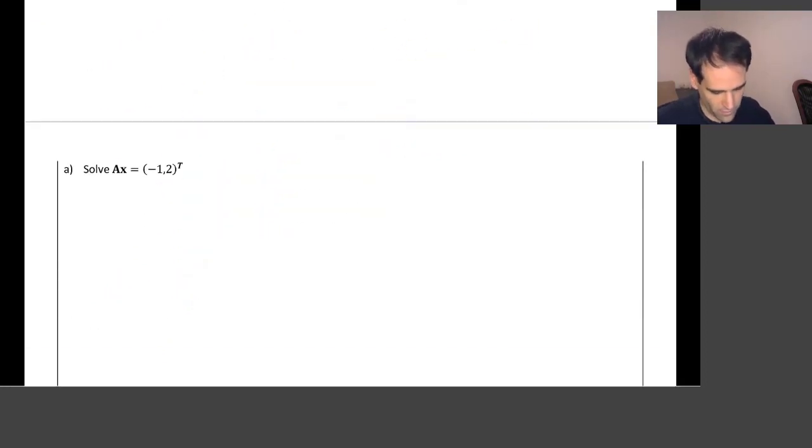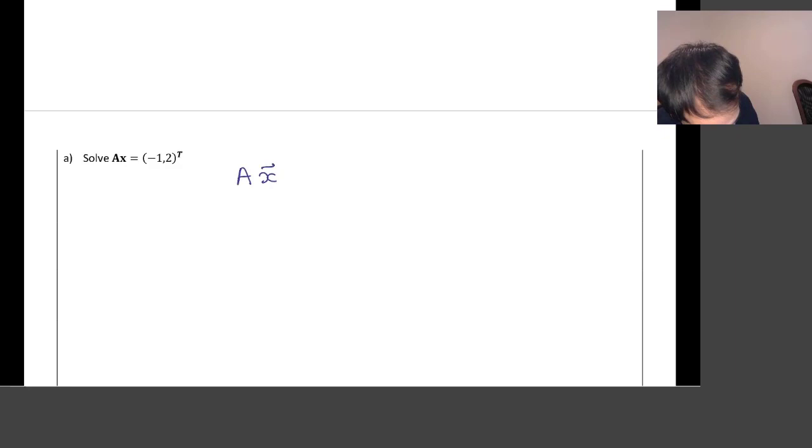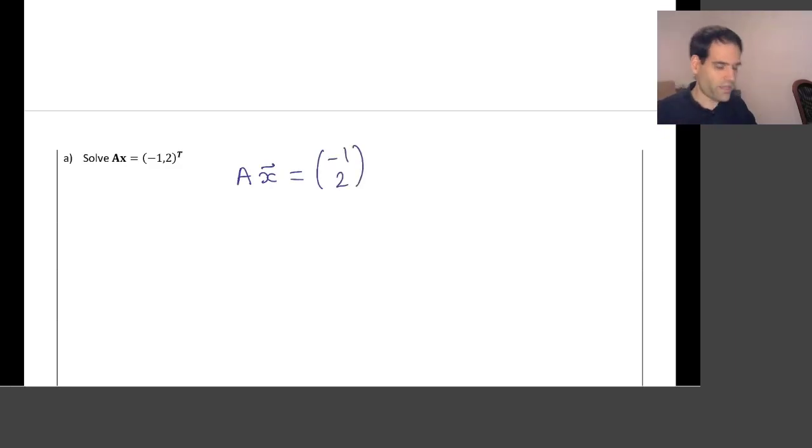Next, this problem asks us to solve the system A times x equals v. So here we have to solve A times x equals (-1, 2). Okay, how do we do this?